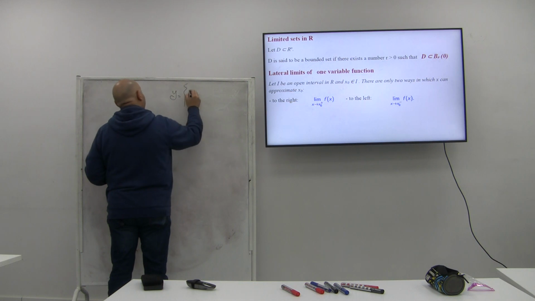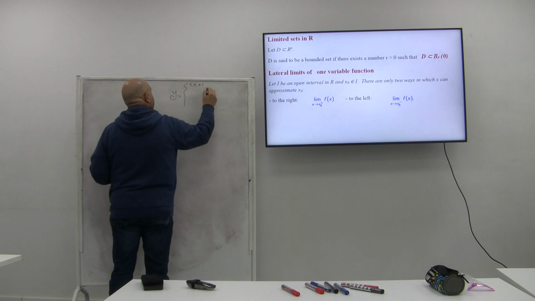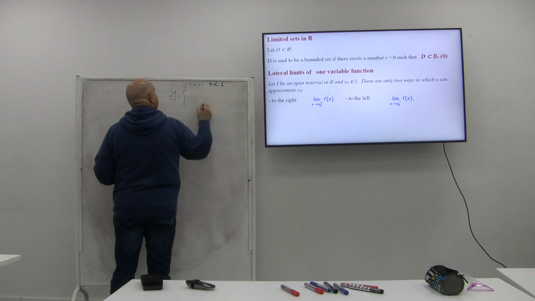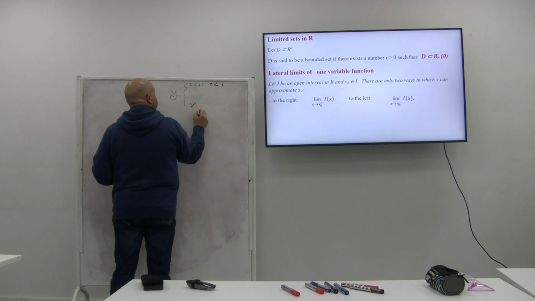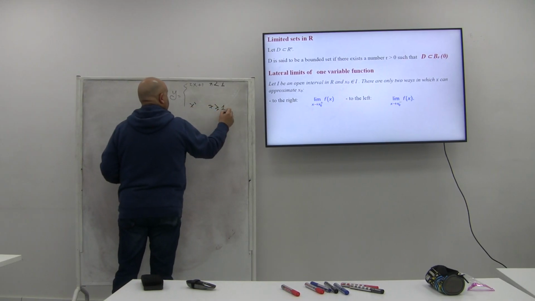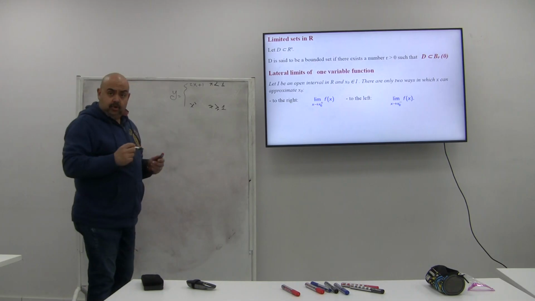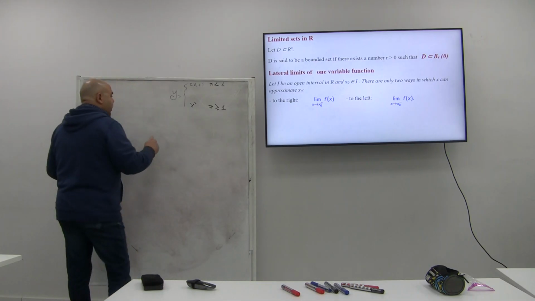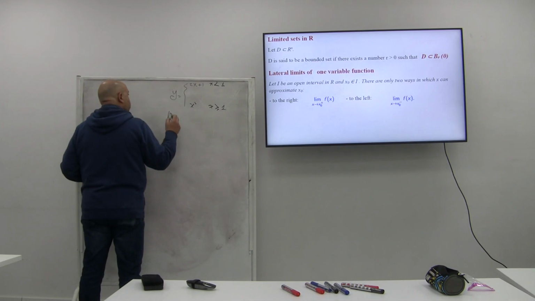If we start with the limit of one variable functions, for example, if I have y which consists of, let's say, 2x plus 1 where x is less than 1, and y equal to x squared where x is greater than or equal to 1. If I want to find a limit at a certain value, let's take this example, the limit as x tends to 1 from the right.